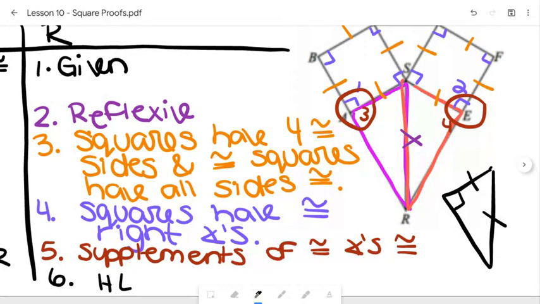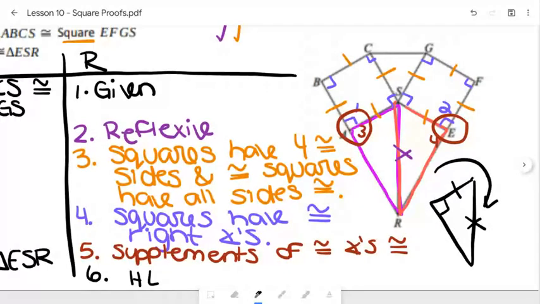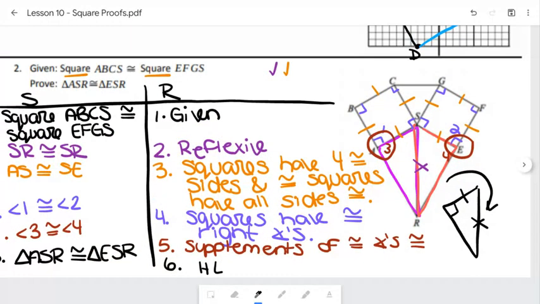We had this side and this side, so that spells out angle side, which we never want to do, but we can fix that by using HL because we do in fact have a right angle. 3 and 4 have to be right angles because supplements of right angles have to be 90 degrees as well. Okay. So that would be our proof there.